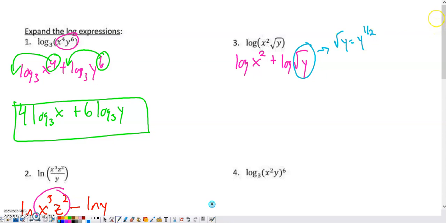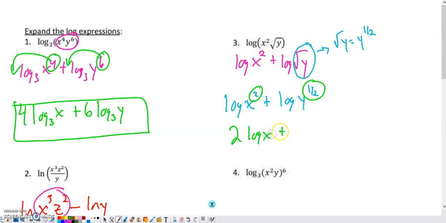So we're going to rewrite this as log of x squared plus log of y to the 1/2 power. That's going to be important in the later example when you have 1/2 in front of the logs and you have to condense things. Now that we've split up the products, we have those powers, so bring them down to make 2 times log x plus 1/2 log y. And you're done.